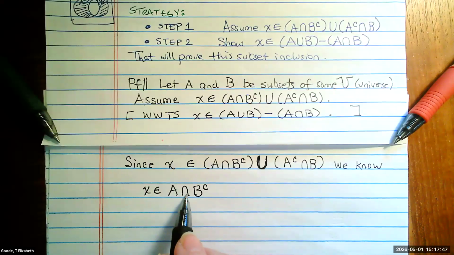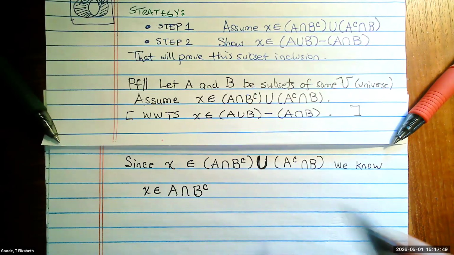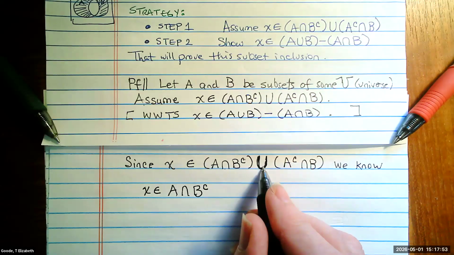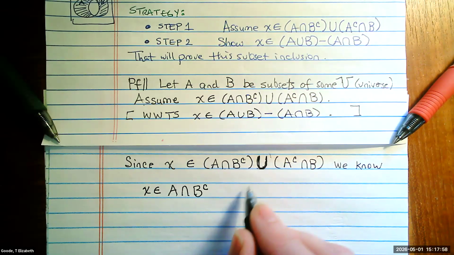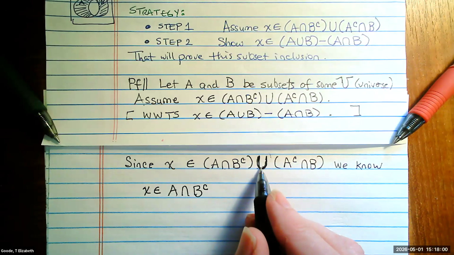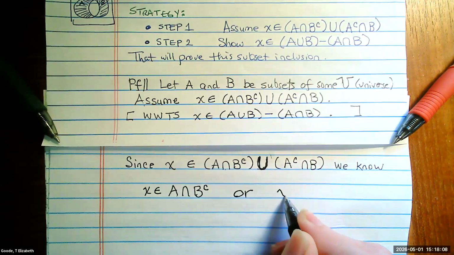So X is an element of A intersect B complement. We're working on breaking the union down to a word. That's what I mean by break down. So then just or. Or X belongs to A complement intersect B. Good. We need a complete statement.